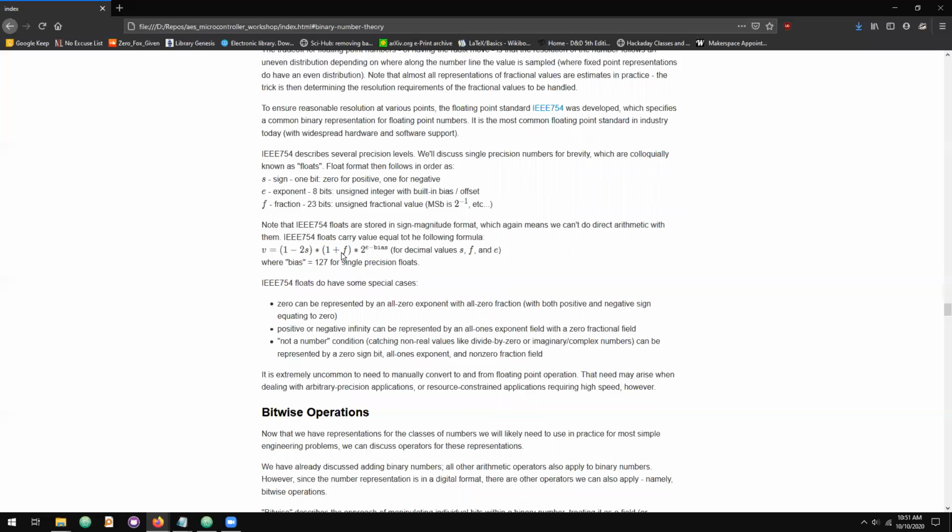F being the fractional value is, if we look at it like a significand, then it's going to be an unsigned integer value. For the sake of this relationship, we're treating it as a decimal number. So you look at F as unsigned integer, you find its decimal value for the sake of this equation, and then you add 1.